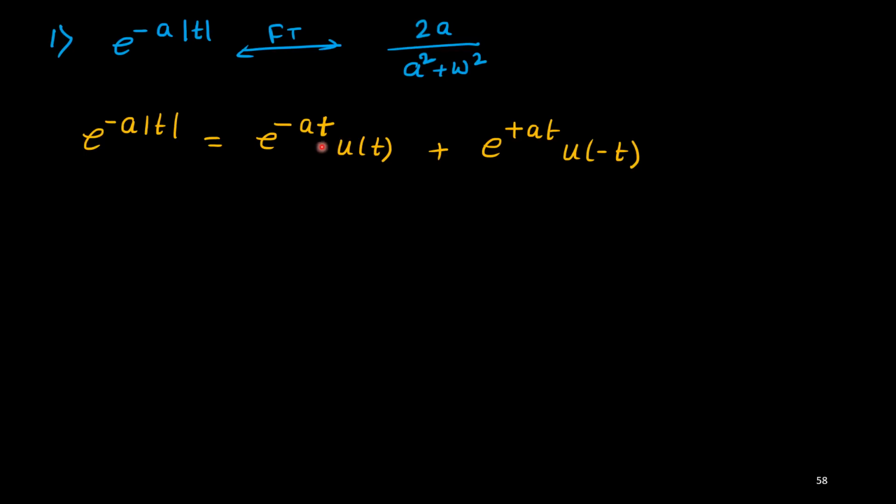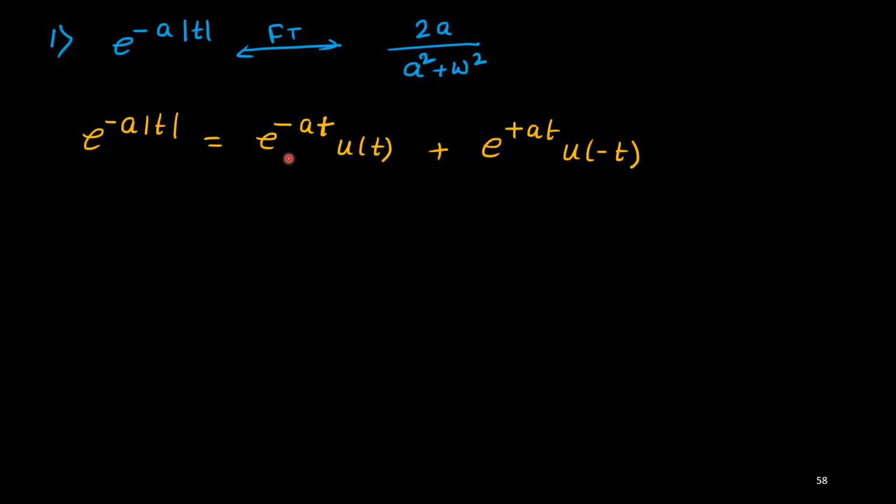To indicate the right side only, we put u(t), because u(t) is one function, and the left side is 0. This is one part for the right side, t more than 0. For the left side, mod t is replaced by minus t, so minus minus is plus, giving e to the power plus at, and u(−t) to indicate it is the negative side part. The combination of these two, the right side part and the left side part, gives the total signal e to the power minus a times mod t.